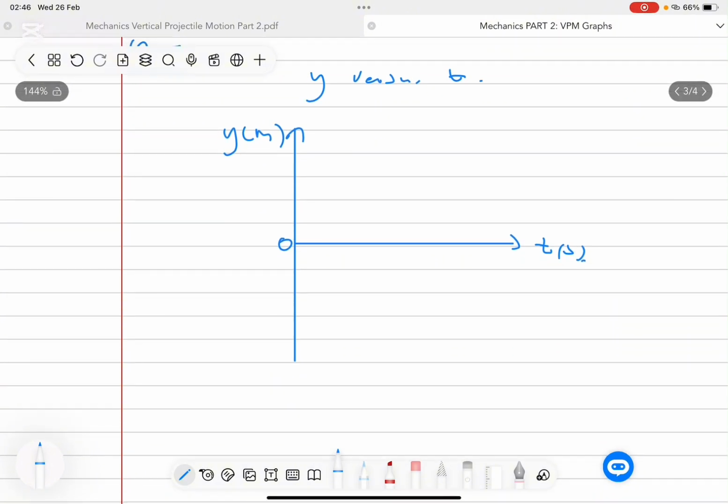Now this is where the graph will start. The graph will start here at 0, where the position is 0 and the time is 0, and it will be a graph that goes down like that. It will be a graph that goes like that, right? So you can draw a nice curve there.